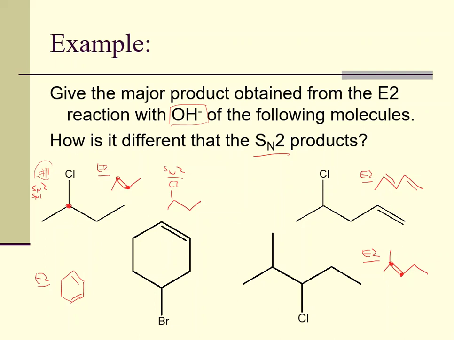This is a strong base, so it promotes SN2, which means that wherever that chlorine is at, that is where my nucleophile will go. So there, in this case, we have made an alcohol. In the other case, we made an alkene. That's how the SN2 product would be different than the E2 product. They don't give me anything about stereochemistry. I don't know anything about R and S's, so I just leave that off of the product as well.